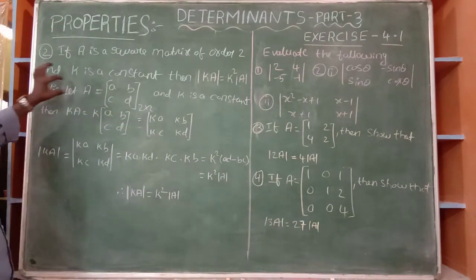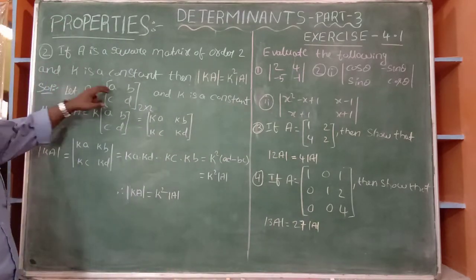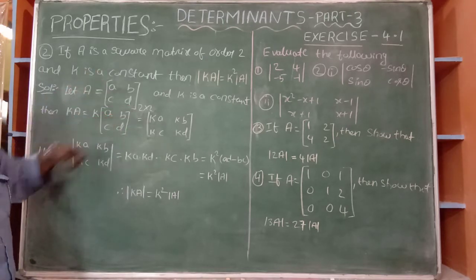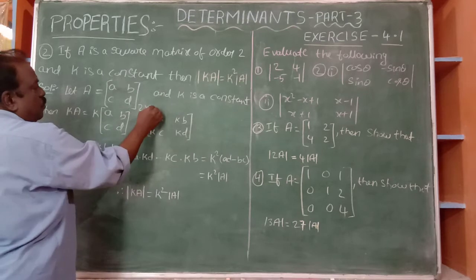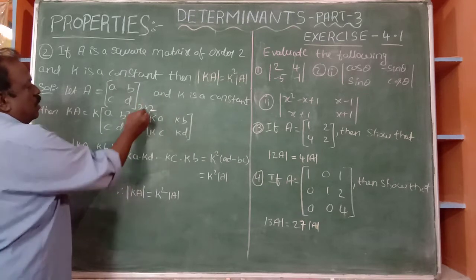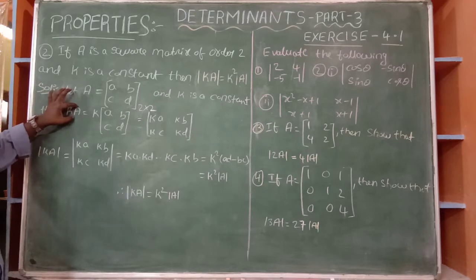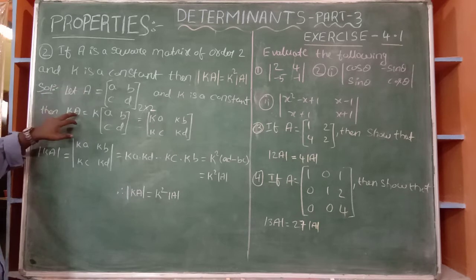So let A = [[a, b], [c, d]] be a square matrix of order 2 by 2, and K is a constant.